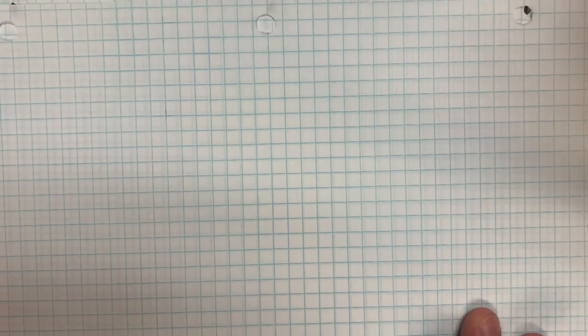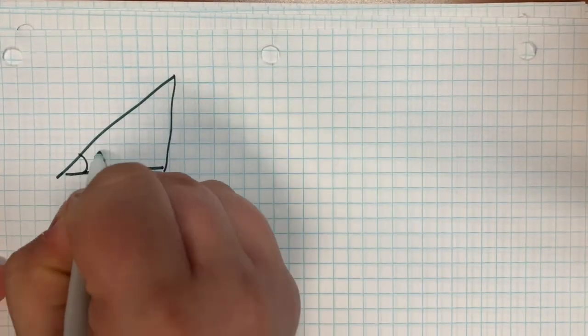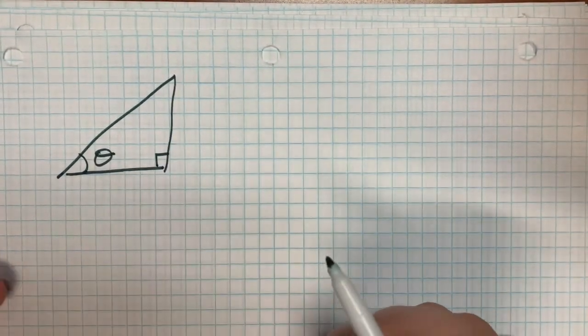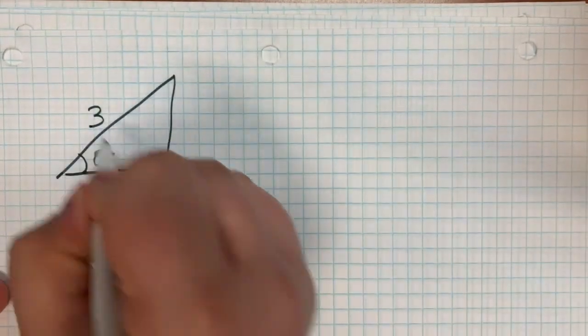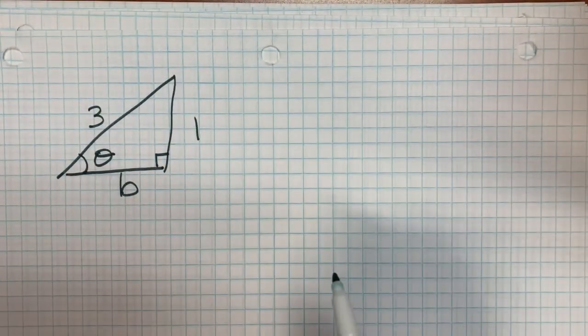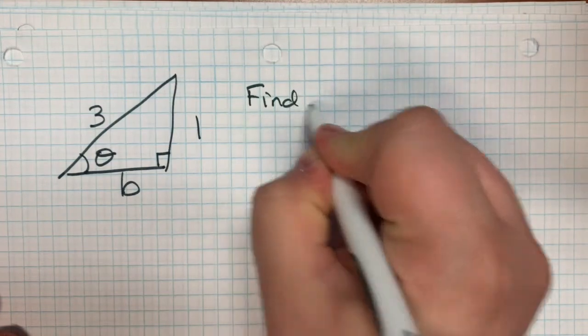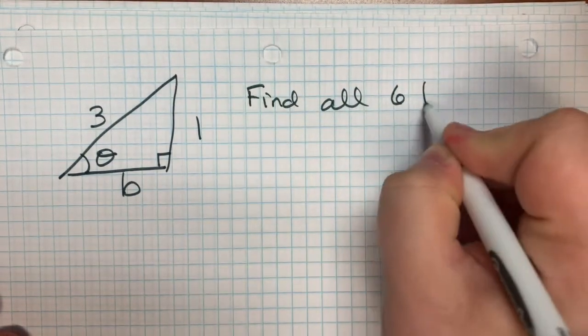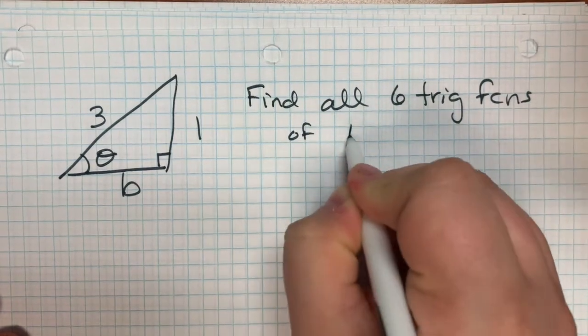Here we have a right triangle. Theta's here, our square, or our 90-degree angle, is here. We have 3, B, and 1. Find all 6 trig functions of theta.